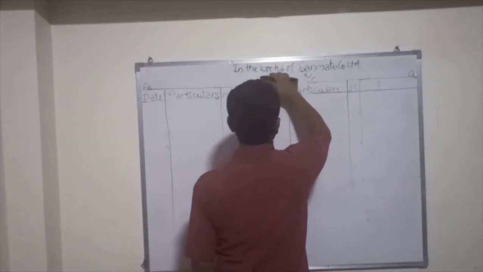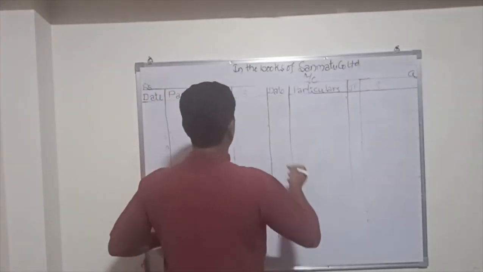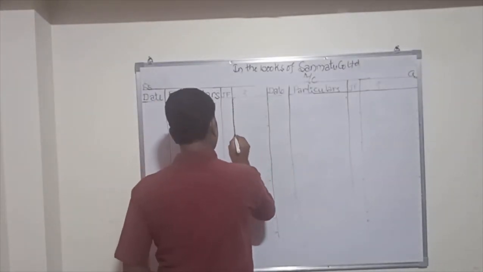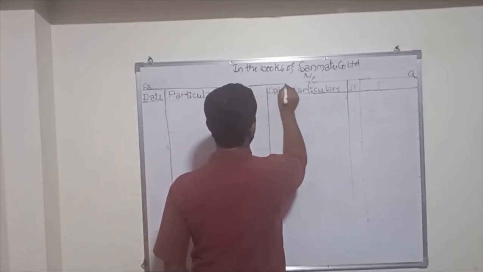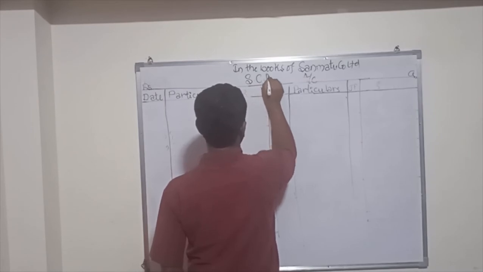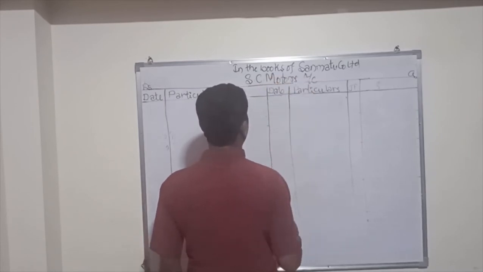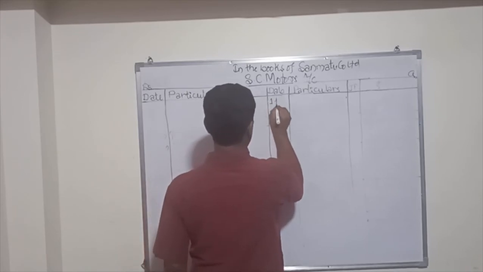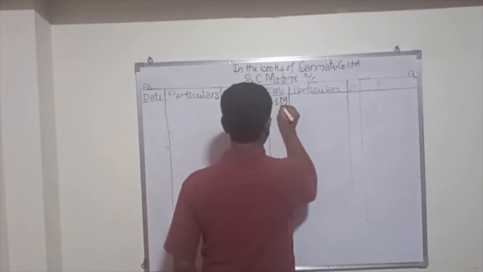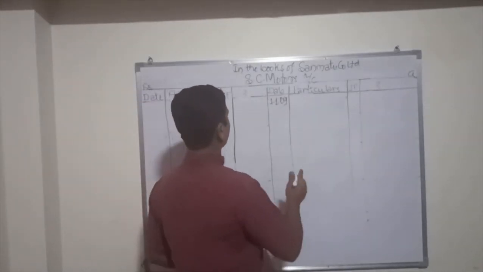So here, SC Motors account, let us go for preparing SC Motors account here. Of course this is a personal account. So when the down payment is due on 1/1/2009, the entry will be vehicle account debit to SC Motors.